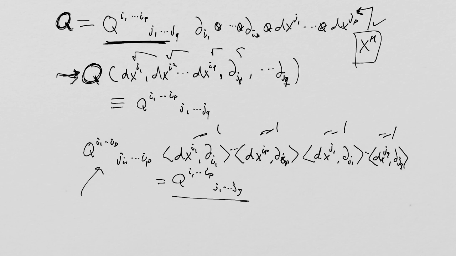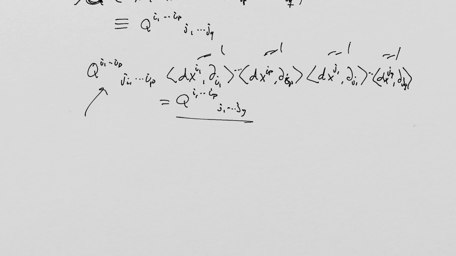It's that simple. So we're going to do that for one of our forms. I'm going to write down a form. I'll call it P, and P is going to be in the strict basis, so i1 less than i2 less than ip.